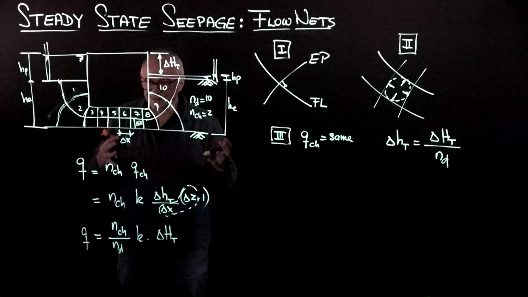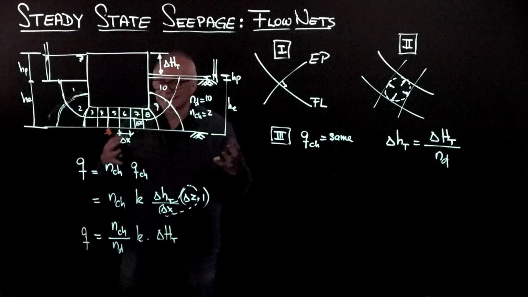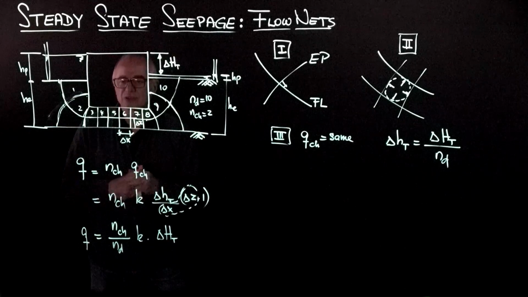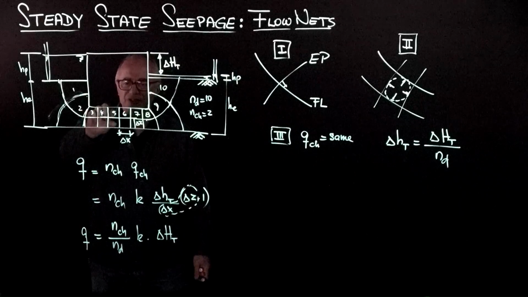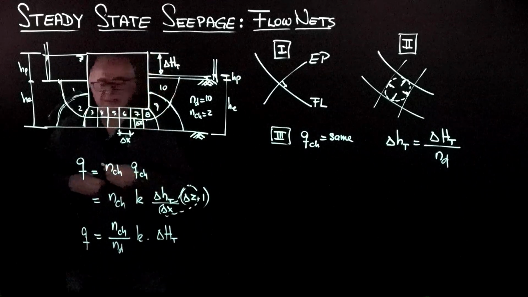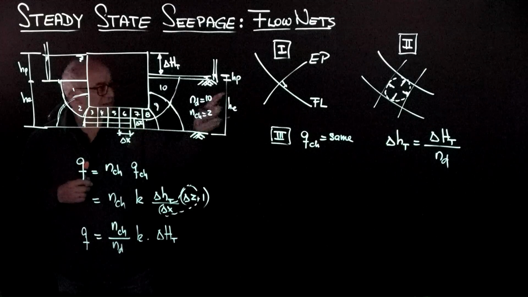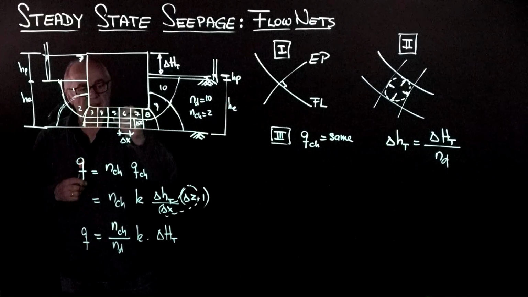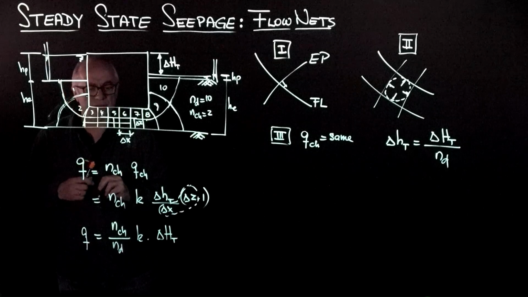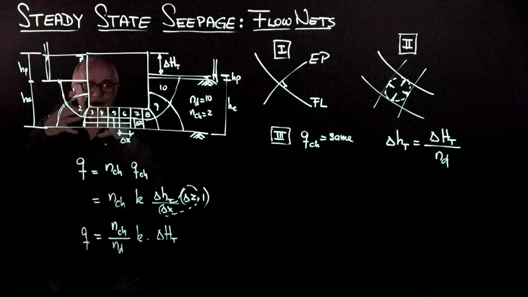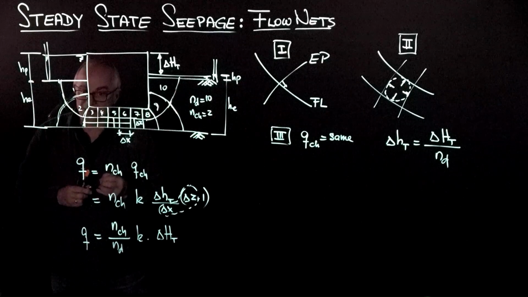And this is why the net is very robust, because if I would have doubled the number of channels, in order to preserve this square ratio, I also have to double the number of drops. And so the ratio of number of channels over number of drops for a given geometry is constant.